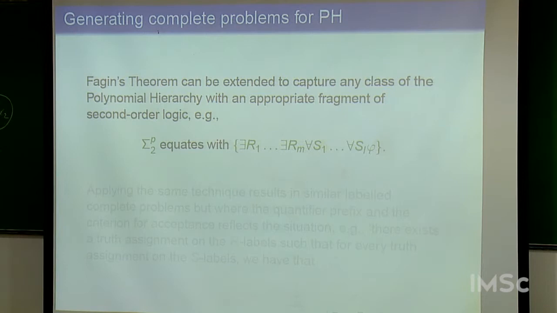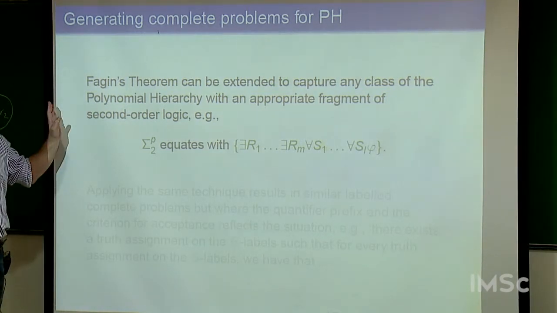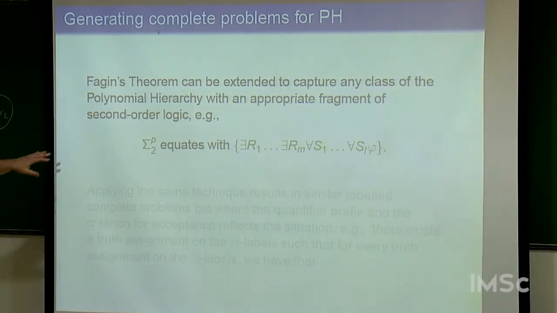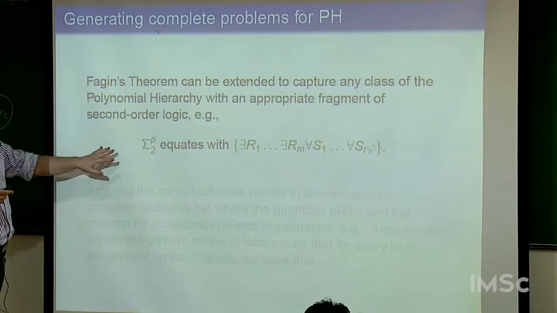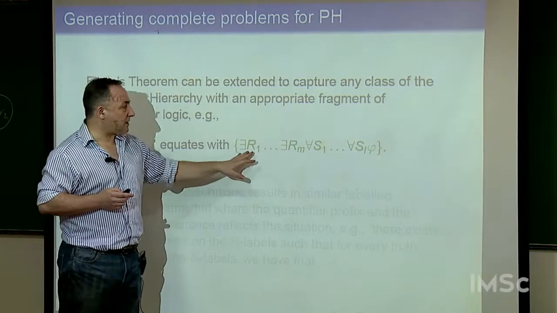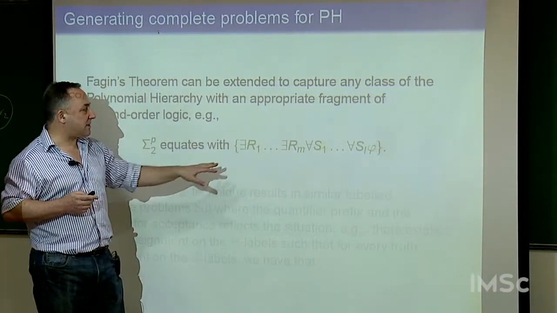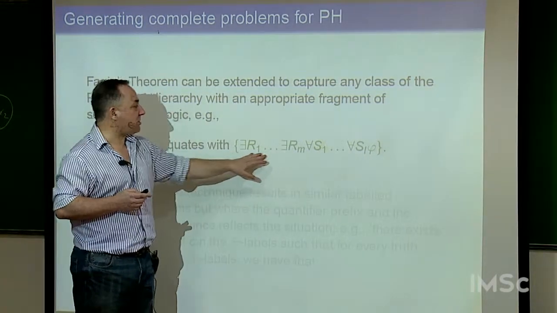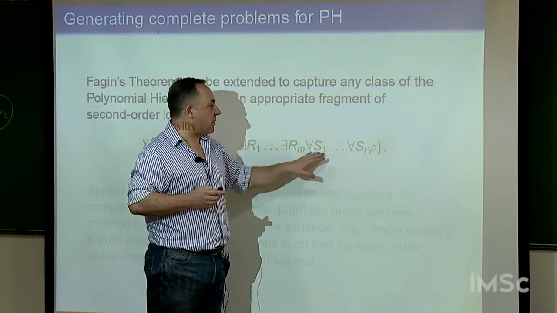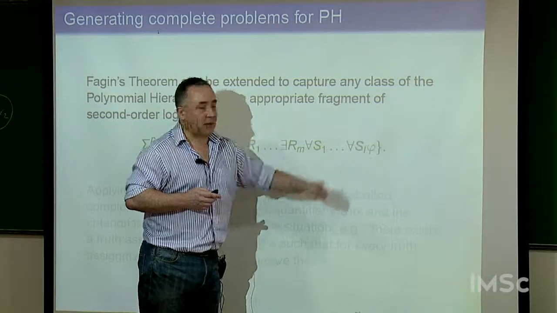Now we can also generate automatically, once we've got completeness via quantifier-free projections, and it's got to be quantifier-free projections, problems for the polynomial hierarchy. Take the second level of the polynomial hierarchy, sigma P2. Now this can be characterized by second-order formulae where you've got an existentially quantified prefix of new symbols with a universally quantified prefix of symbols and your first-order bit.